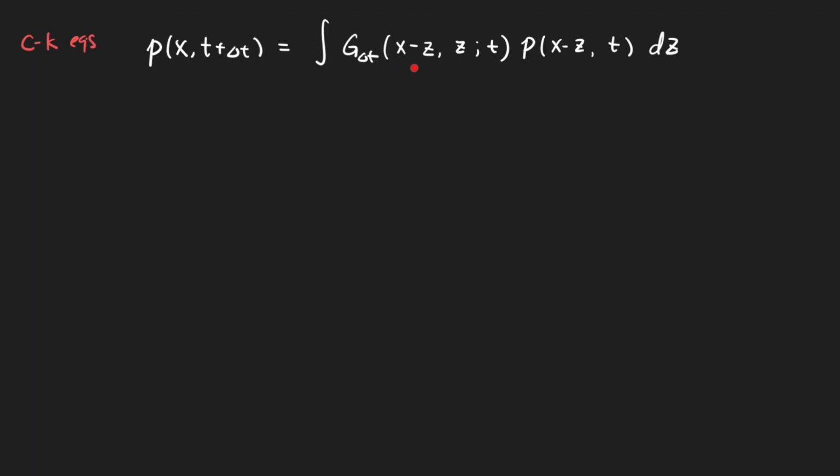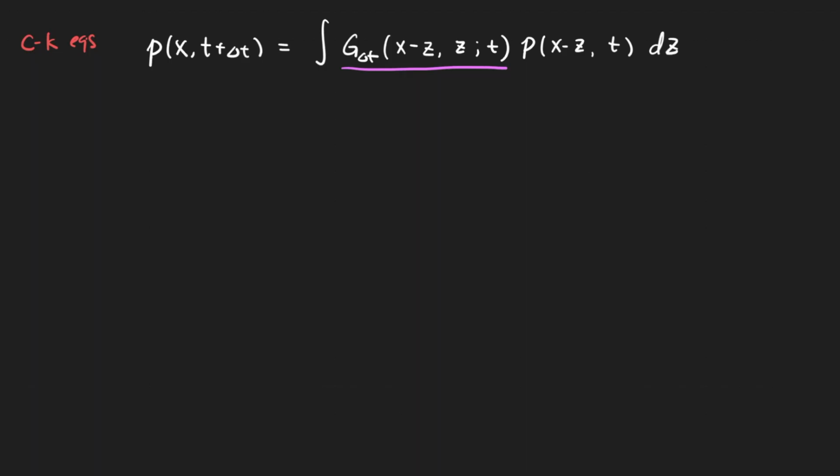So that we started with x minus z, then the stock price changed by z, so we can reach the stock price of x at time t plus delta t. So this is the same equation. And here I'm just using a different notation for the transition probability. So basically this is the transition probability.